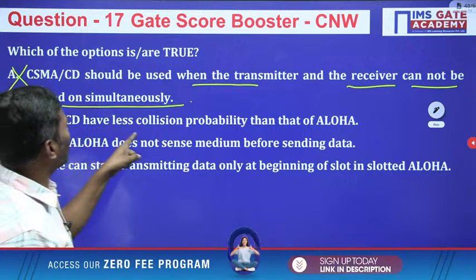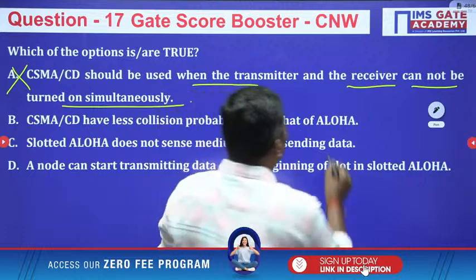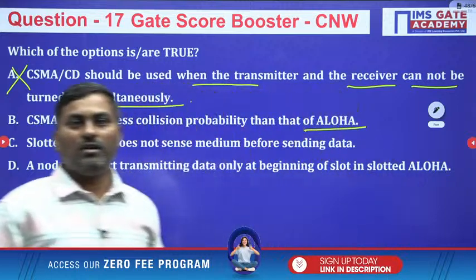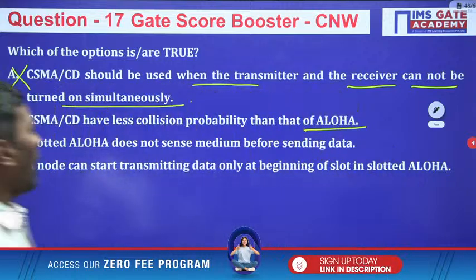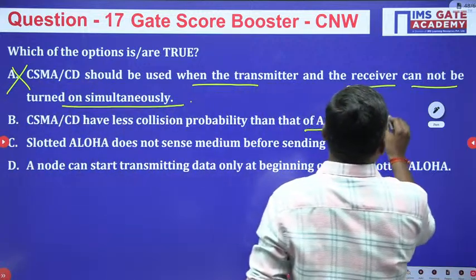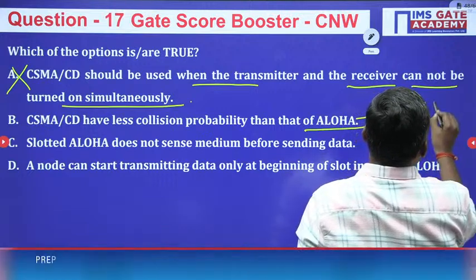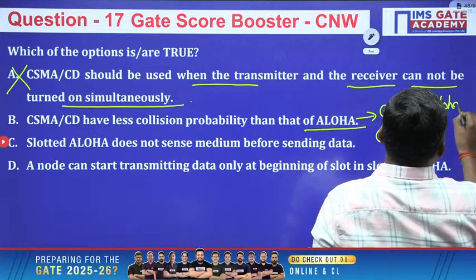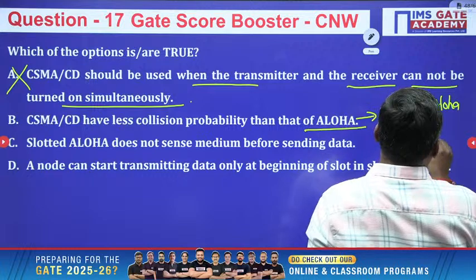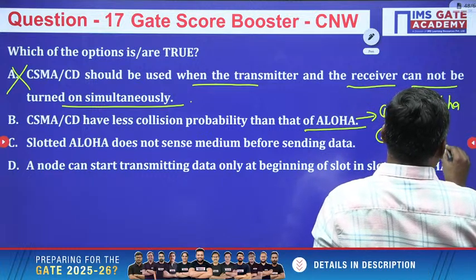Option B: CSMA/CD can have less collision probability than Aloha. Is it true? So Aloha comes in two types. One is pure Aloha, correct? The second one is slotted Aloha.